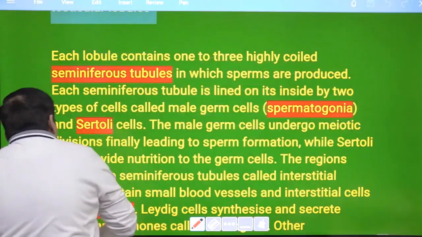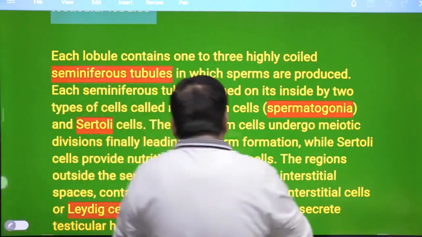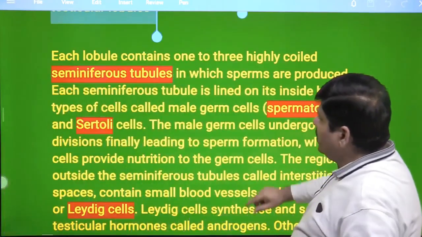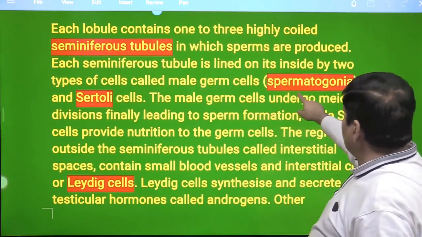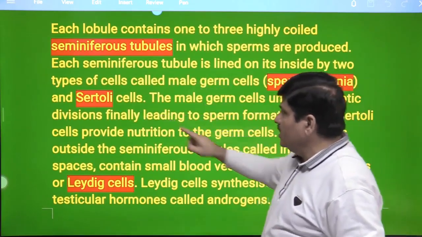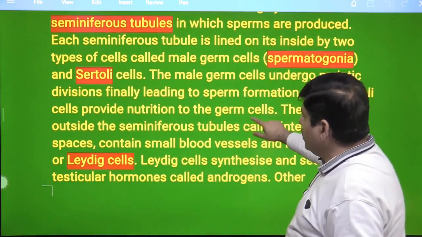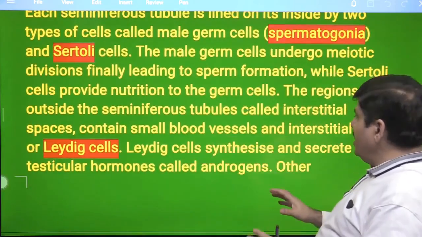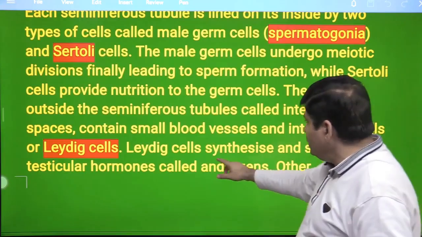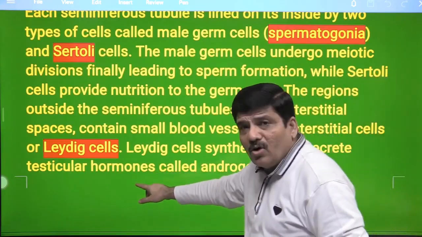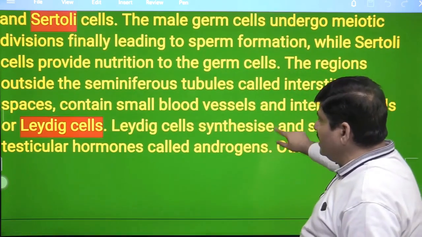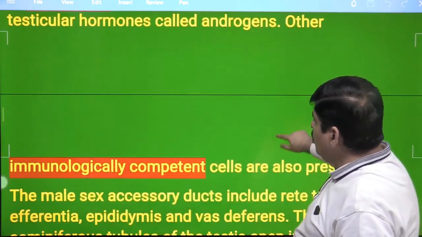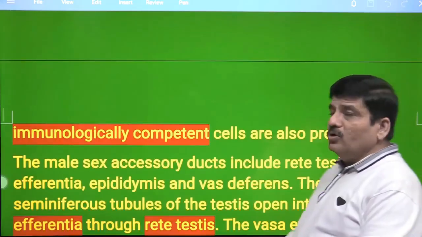Now going back to NCERT. So now we know what seminiferous tubules are, what spermatogonia are, what Sertoli cells are, and what Leydig cells are, and that Leydig cells synthesize and secrete testicular hormones called androgens. Then it says that other immunologically competent cells are also present.